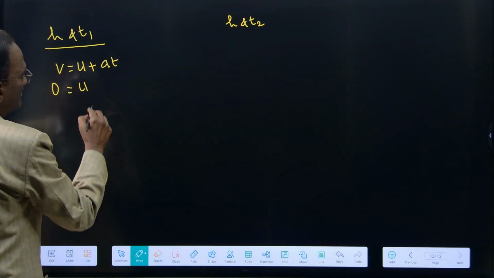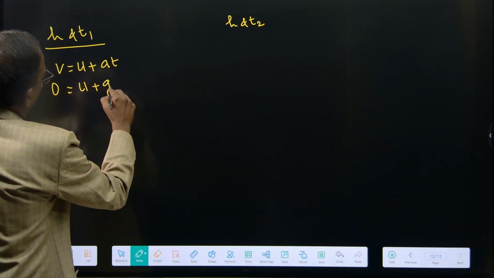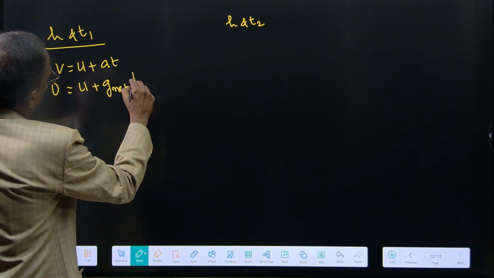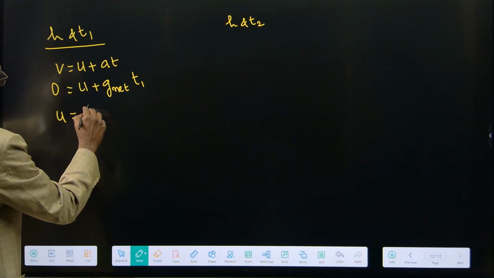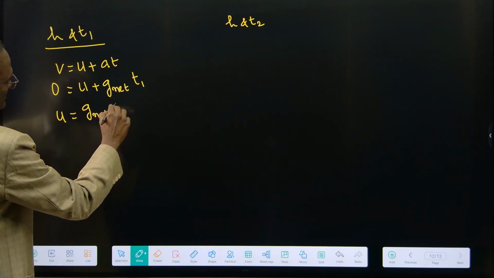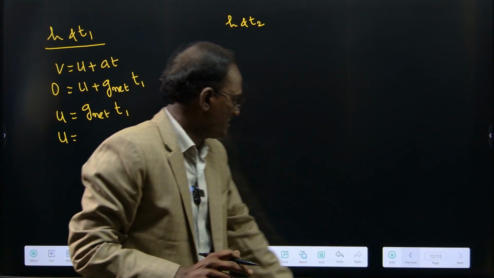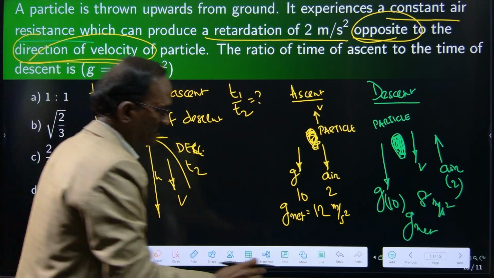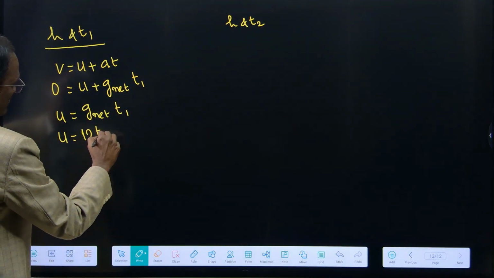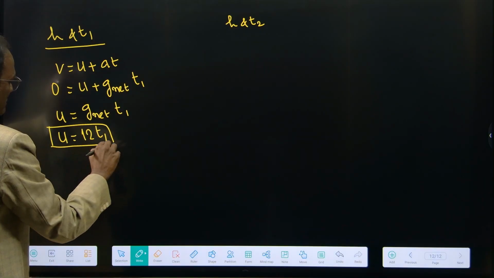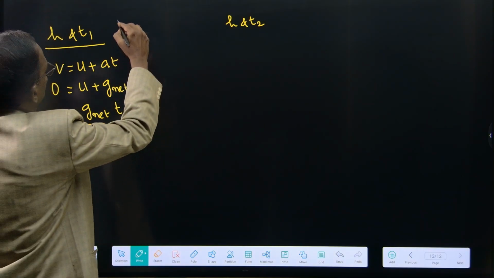U we do not know during ascent. This value is G net, this value is T1. So U is equal to G net into T1. G net is 12, I think, yes, 12. For ascent, U is 12 T1. This is one relation.